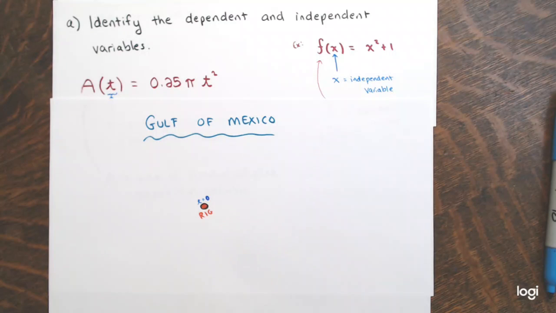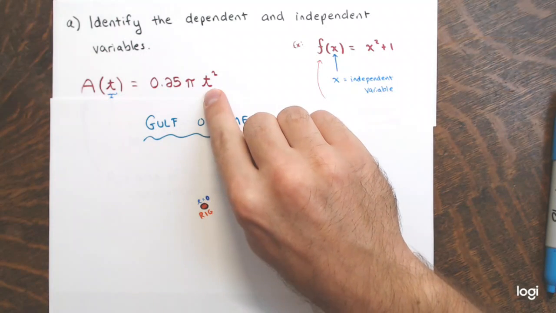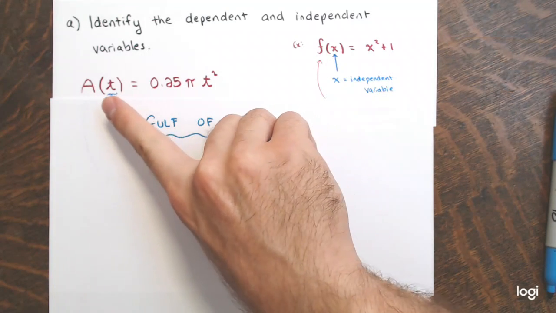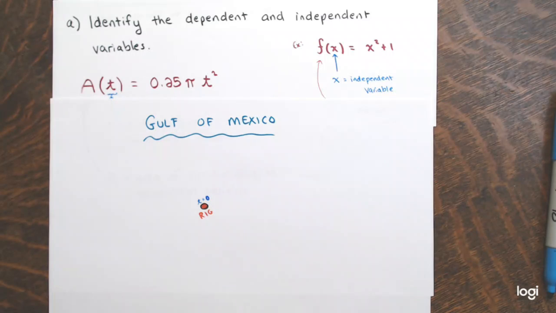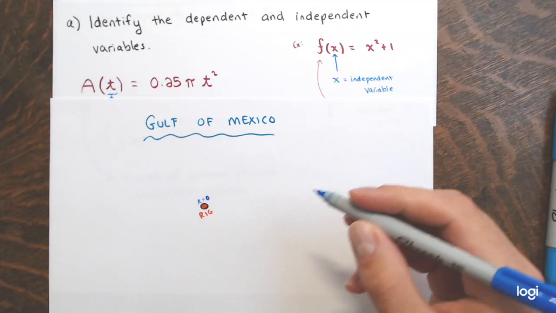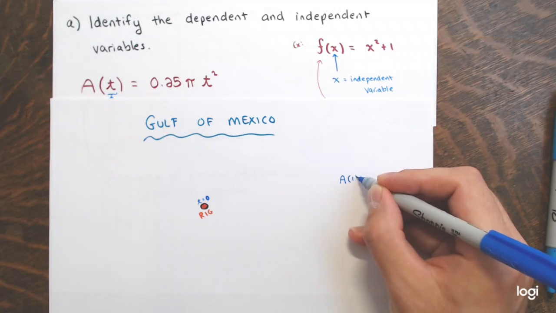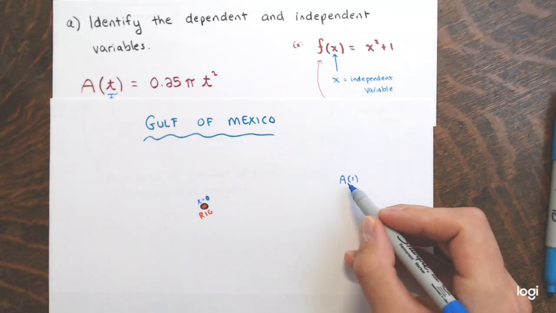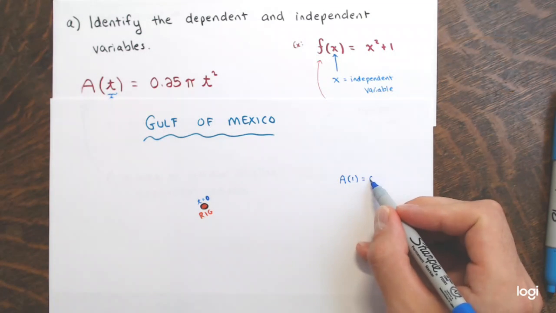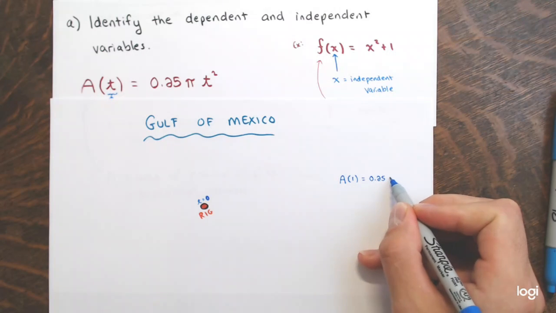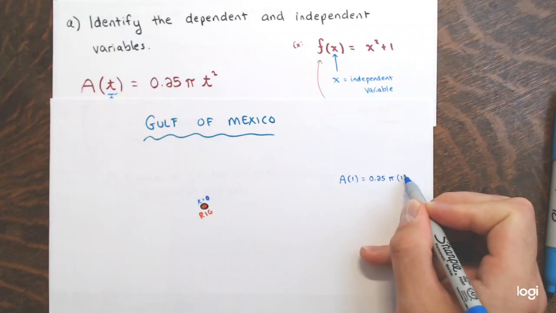But then 1 day later, I'm going to punch this into a calculator. When I replace t with 1, the area of the oil slick, A of 1, would be 0.25 times pi times 1 squared.